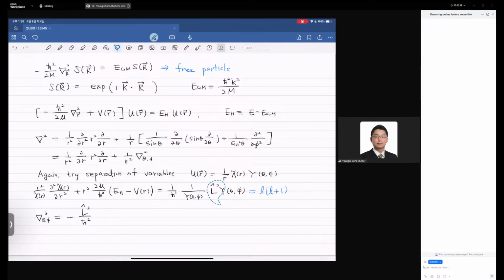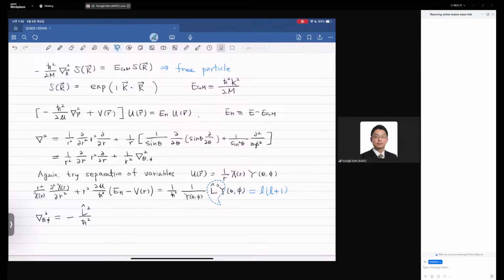Based on that, you can give it a try: parameter space mapping, xe, xp to capital X and small x. After mapping, we did capital X and small x separation, right?